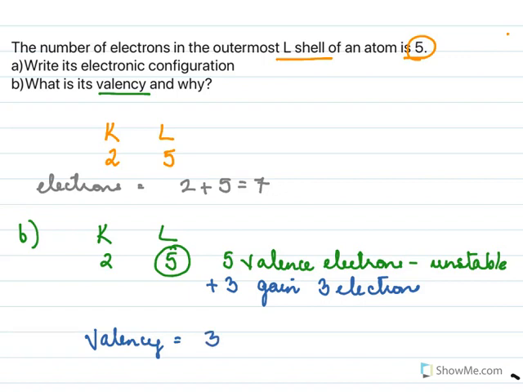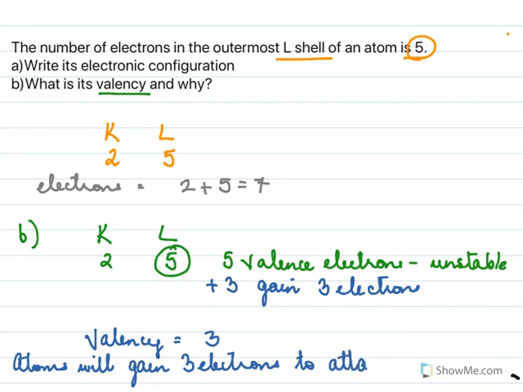The reason for this, the atom will gain 3 electrons to attain octet state. And hence, therefore, valency is 3.